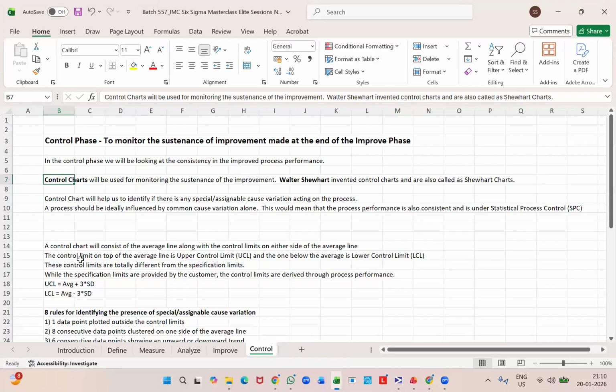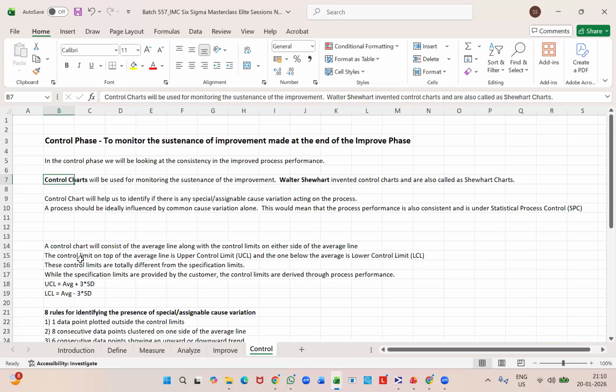But then Walter Shewart did not go to Japan, and the offer was made to his deputy, Edward Deming, who traveled to Japan, and rest is history. But then Walter Shewart is the one who actually invented control charts, and hence all these control charts are referred to as Shewart charts.